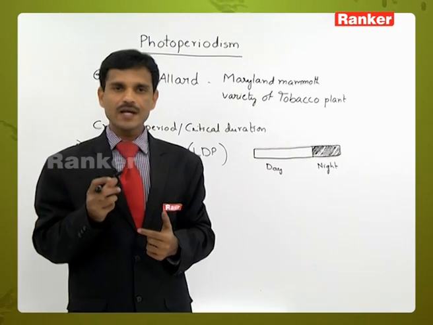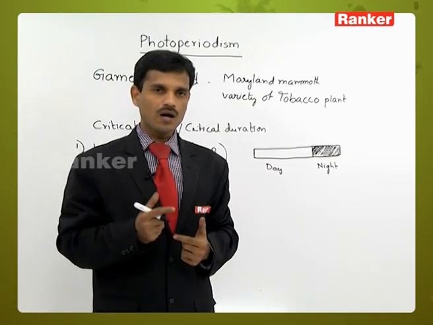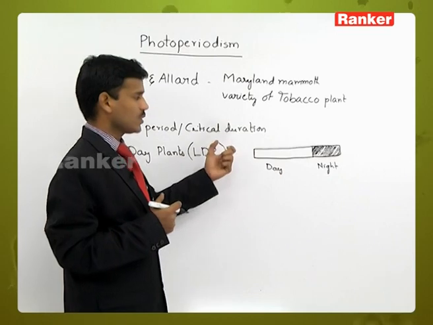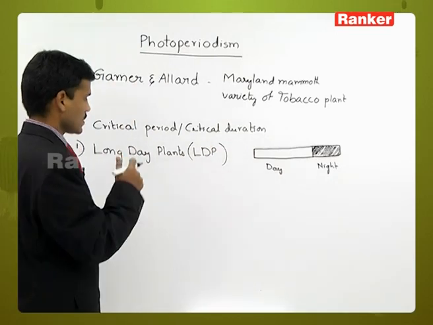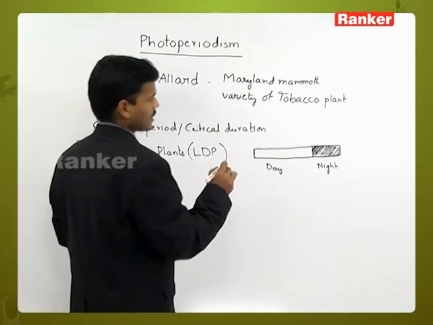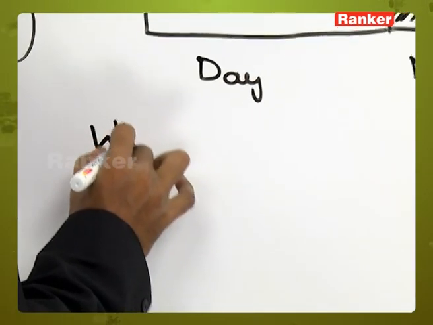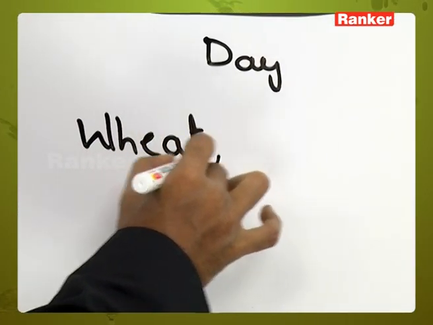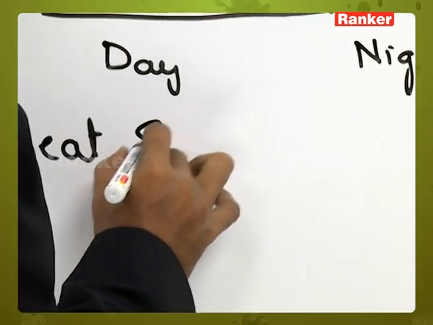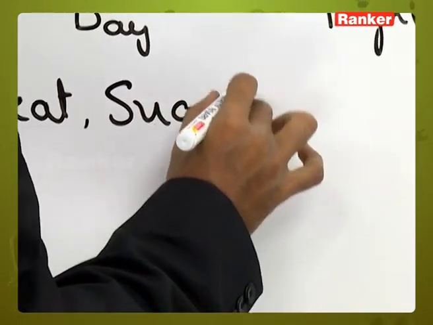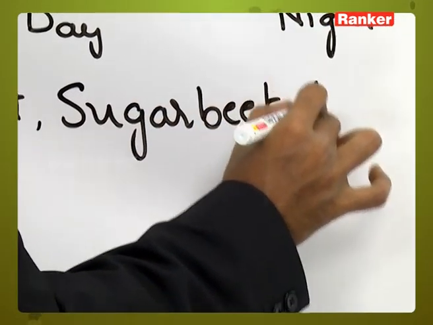When the plants are exposed to a longer light period, only then is flowering induced. This type of plant is observed in monocots like wheat, and in sugar beet and radish.